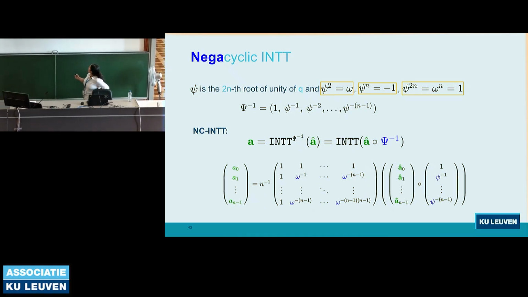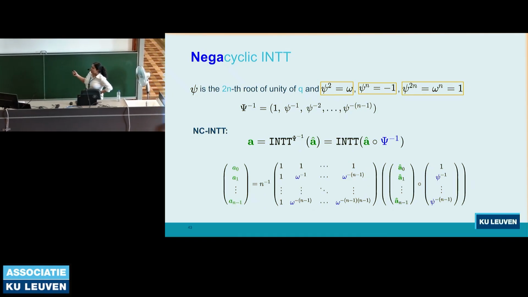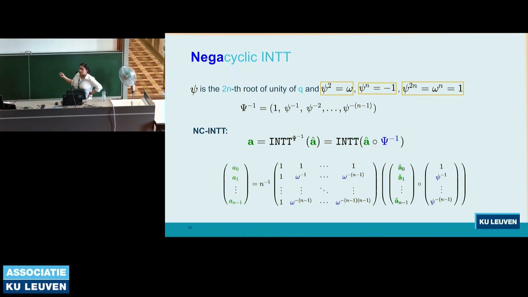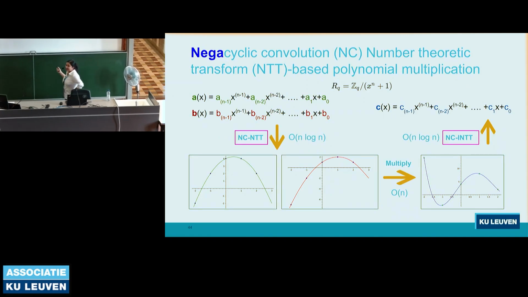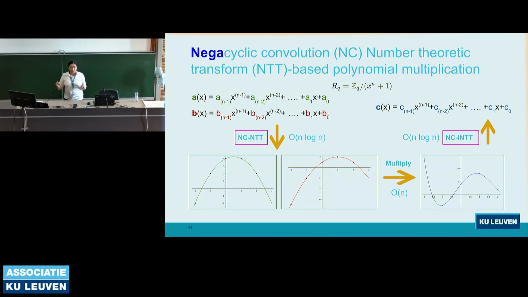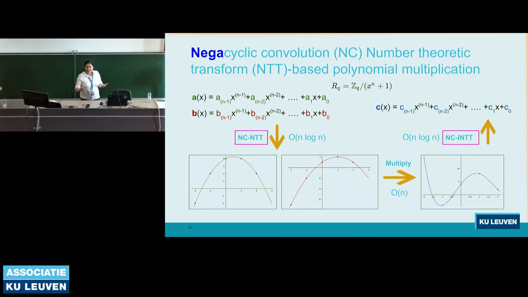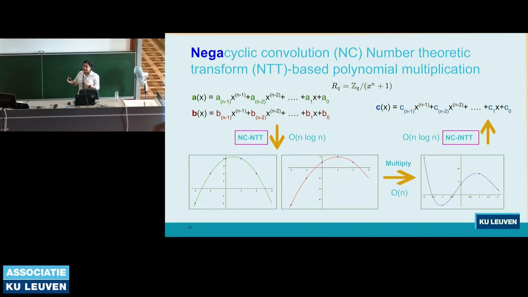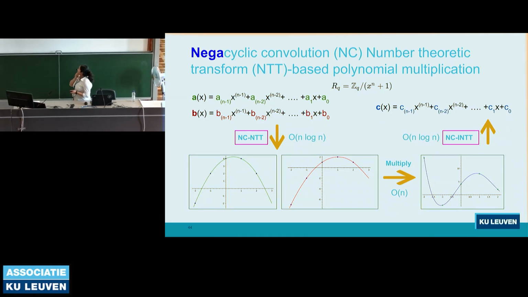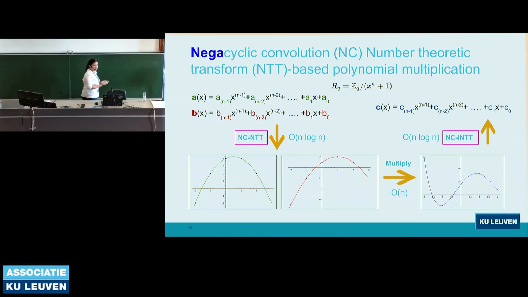Good thing is our inverse NTT is also very similar, it's just the inverse. And the best thing is it also remains order of n log n. So Kyber can use an order of n log n algorithm. It does have a little bit more complex part: we need more operations, we have more constraints, and we need a 2nth root of unity.